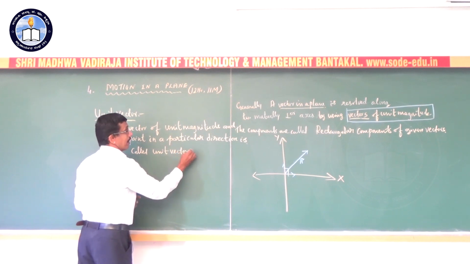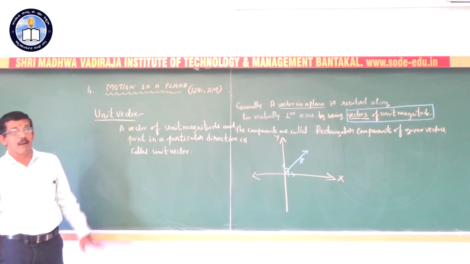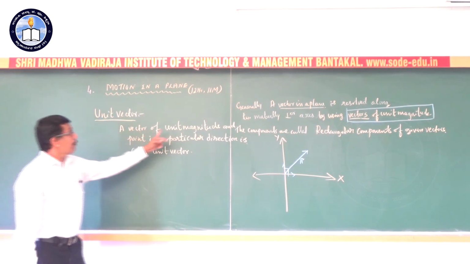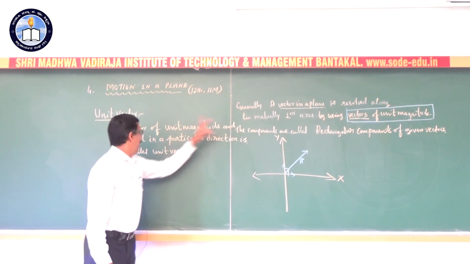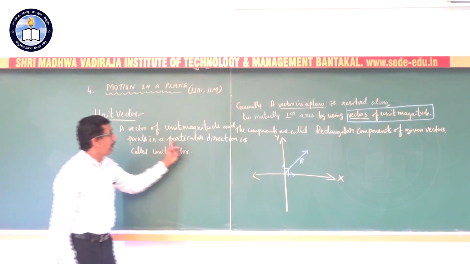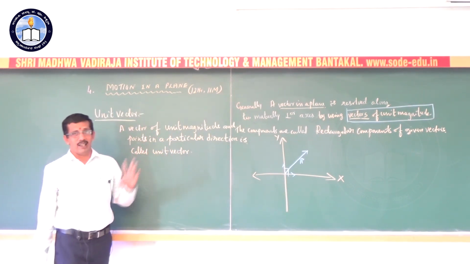Once again I repeat, this definition of unit vector is very important from the exam point of view. Unit vector is nothing but a vector of unit magnitude and points in a particular direction.